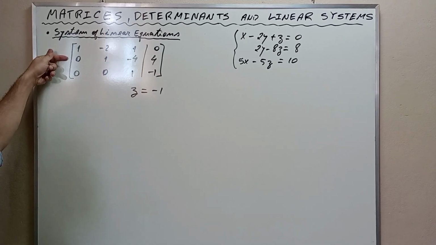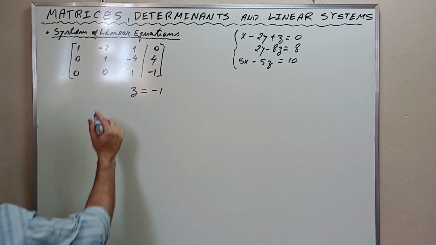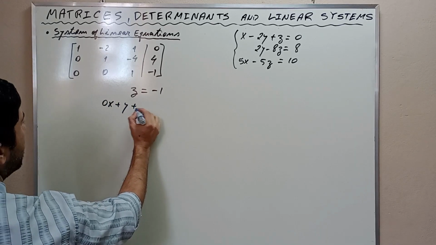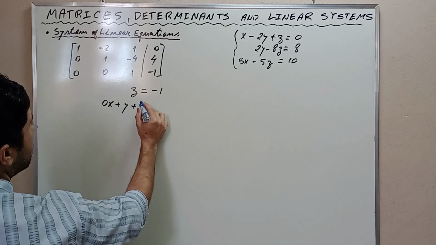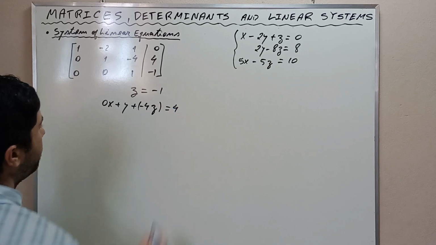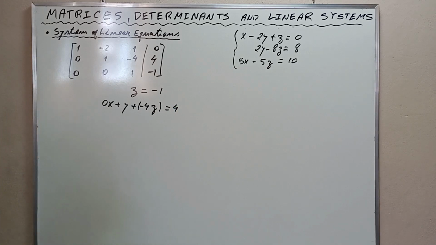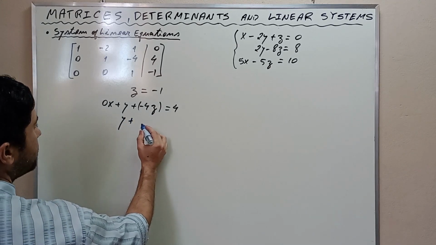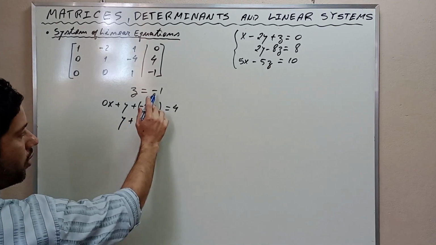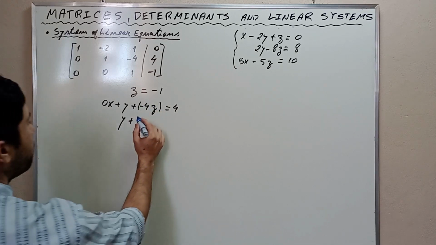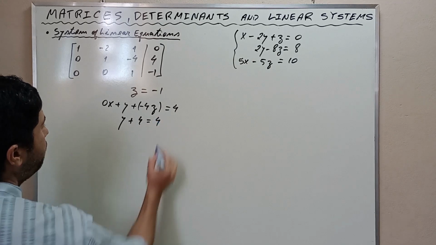Let's consider this row here. 0x plus y plus negative 4z is equal to 4. But we already know that z is equal to negative 1. Then y plus negative 4 times negative 1 is equal to 4.